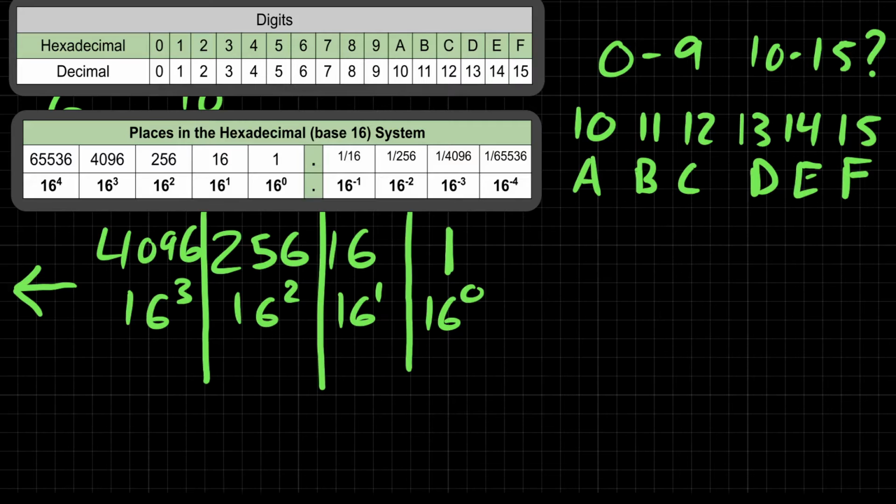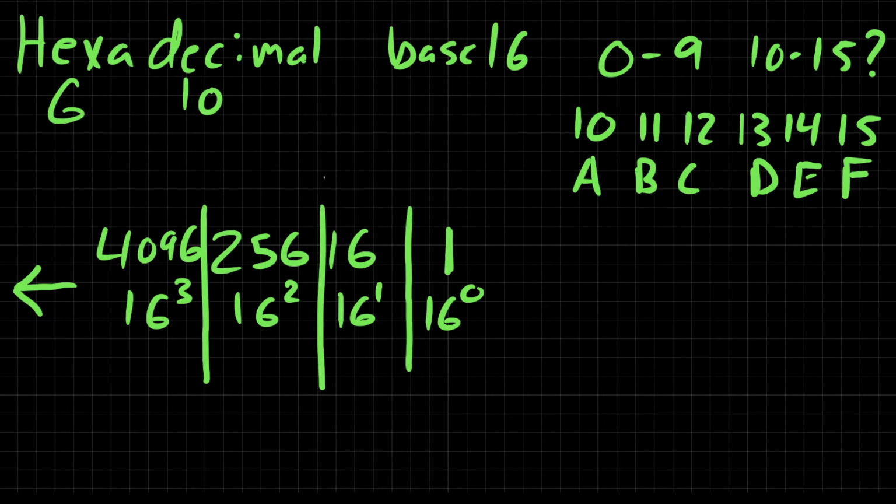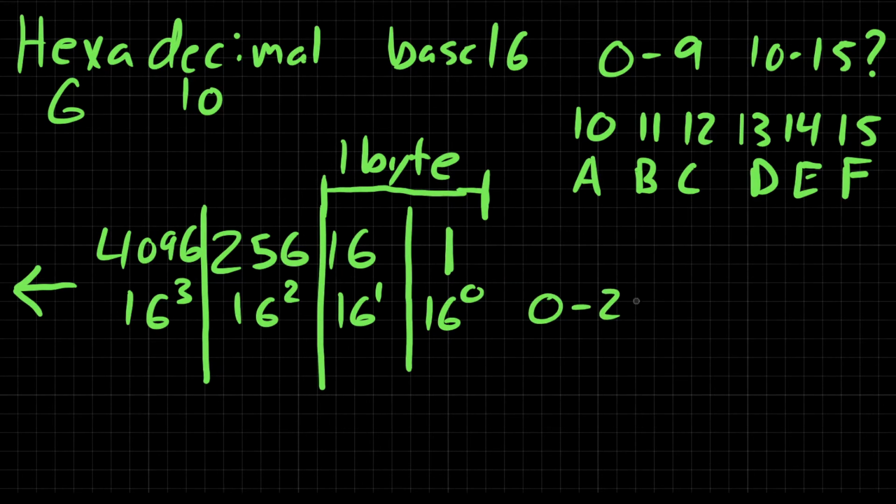Now, when we're dealing with this number system, there are a couple of important things to know. One of them is these two places right here make up a single byte. So the 16s place and the ones place is enough for a single byte of data. That means we can represent values 0 through 255 in those two places.